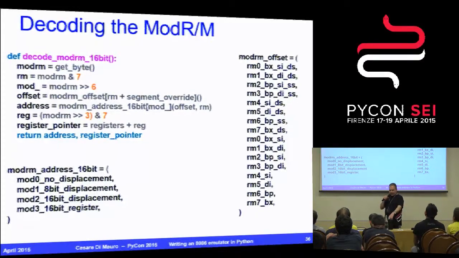Then I need to calculate the offset in the memory location. I do it using the special ModR/M offset array, and then I calculate the address for the physical location of the memory. At the end, I just extract the register part of the ModR/M byte.